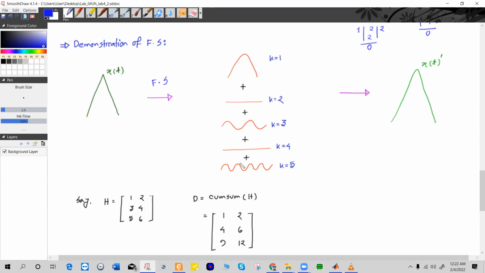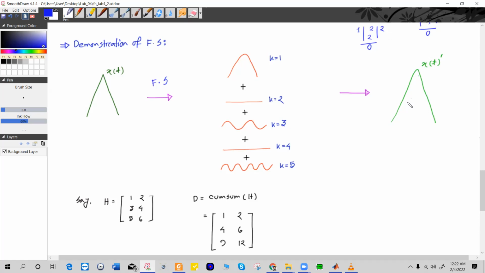This will be our first task, and we will see each of the components, and then we'll try to add all of them, and we'll try to retrieve back the signal x t prime, and we'll see how much these two match. The more frequency components we consider, the better match these two should have. This will also verify.